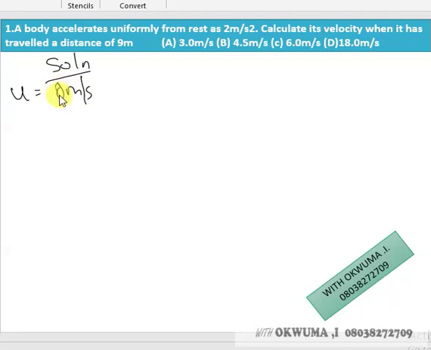We were equally given acceleration, 2 meters per second squared, and the distance covered, 9 meters. We are looking for the final velocity v.